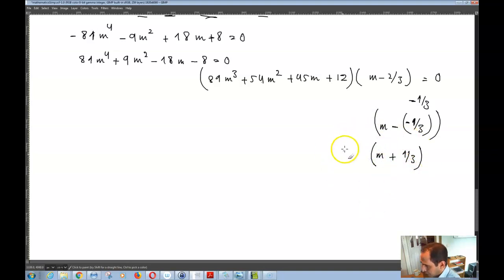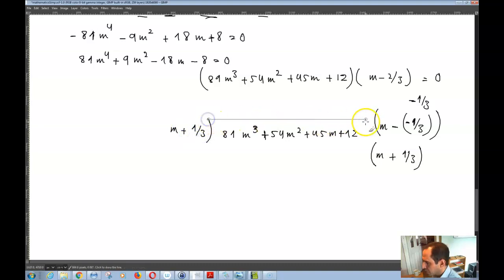Okay. So now what that means is that you can divide this third degree polynomial, which is equal to 81m cubed plus 54m squared plus 45m plus 12, by m plus 1/3.